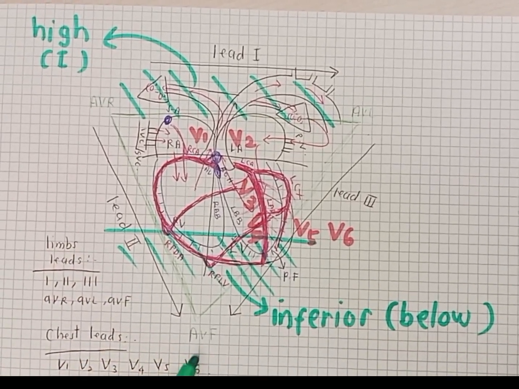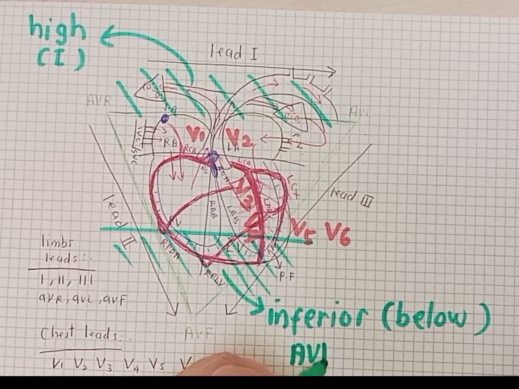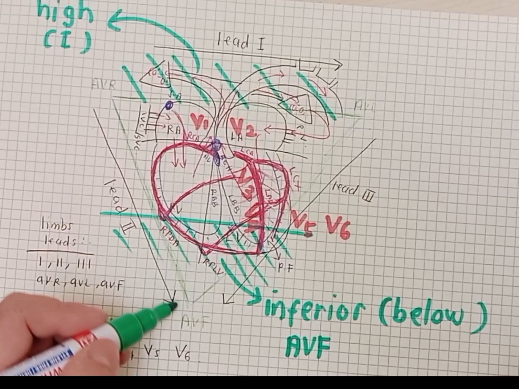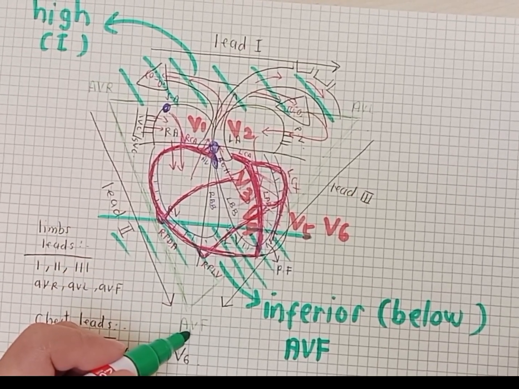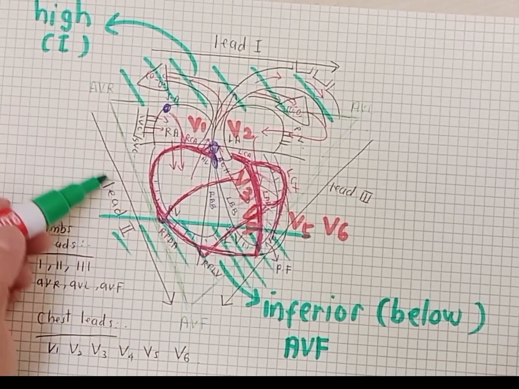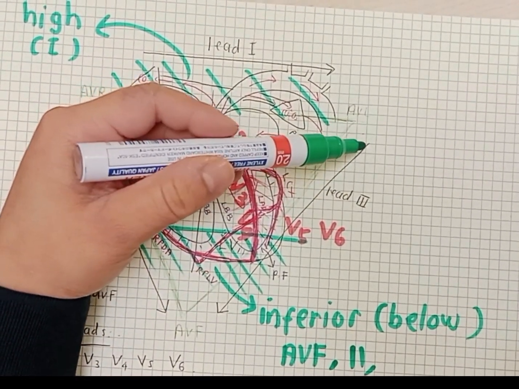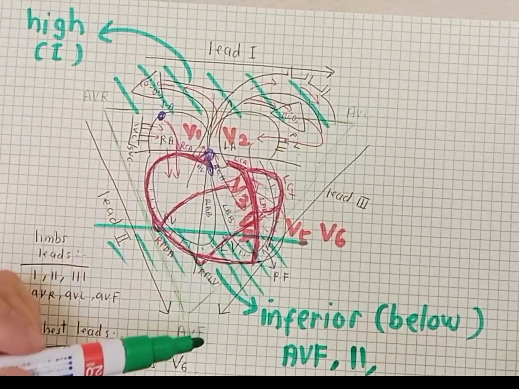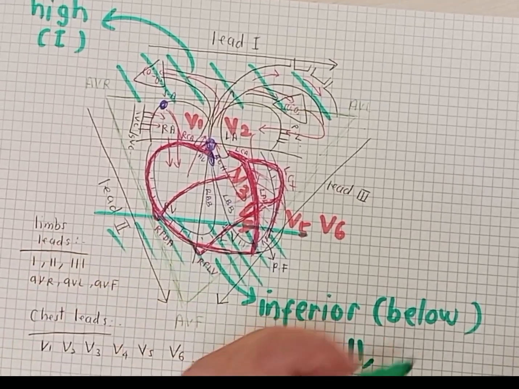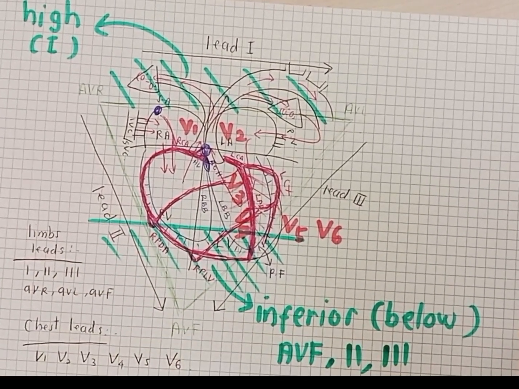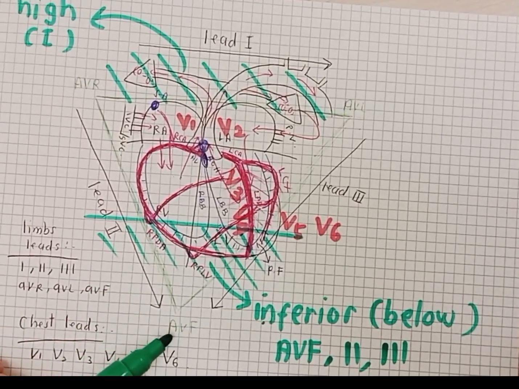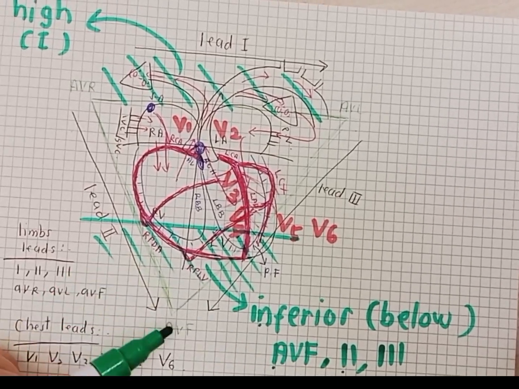Which is aVF, and lead 2 going down to the inferior, and lead 3 is from upper to the lower side, lead 3 to the inferior. So the inferior leads are lead 2, lead 3 and aVF.